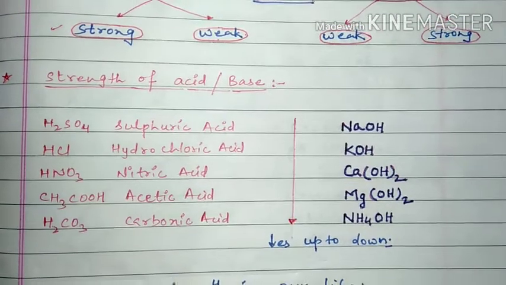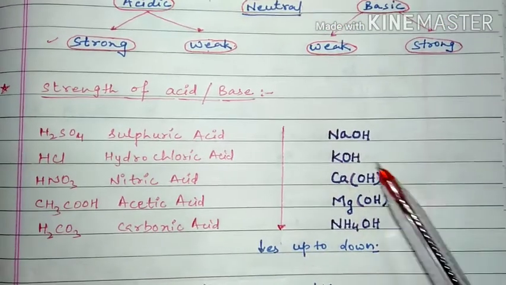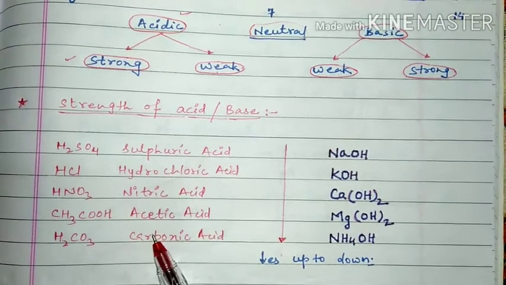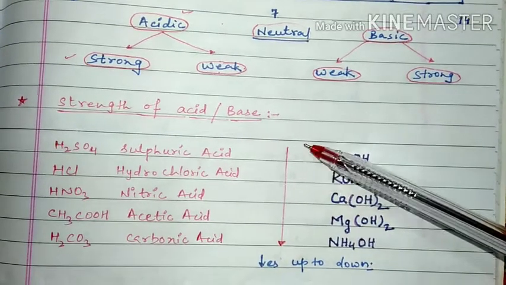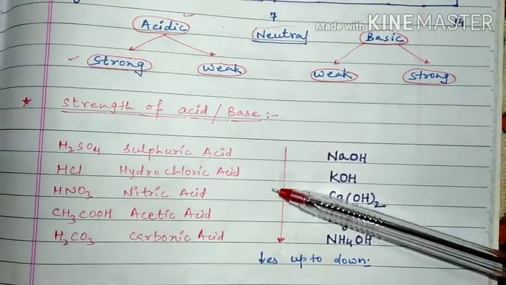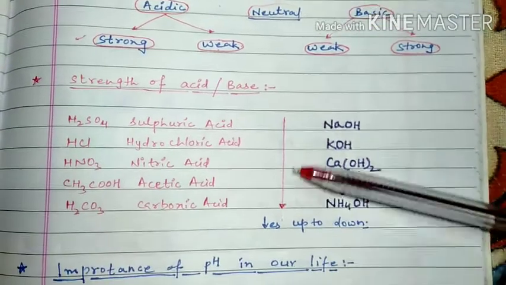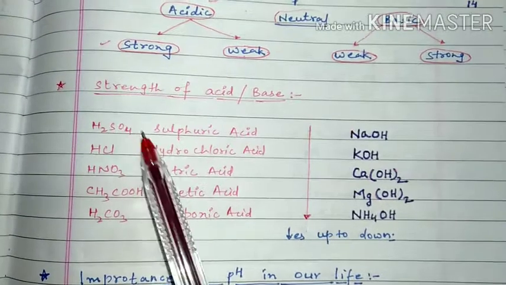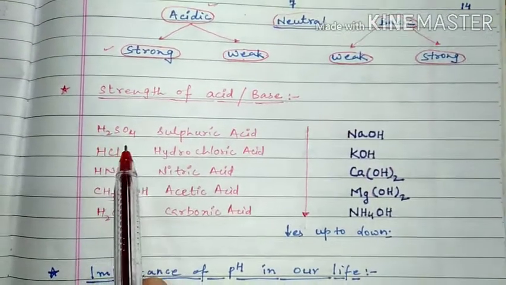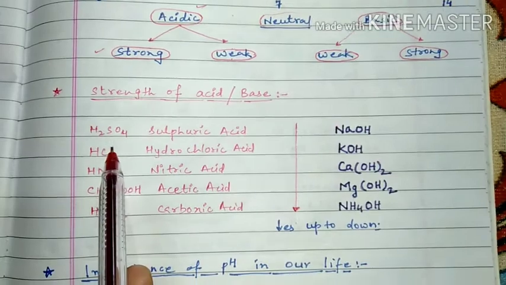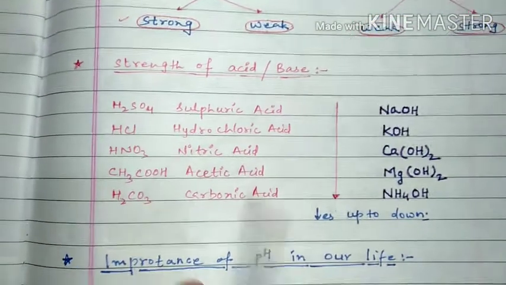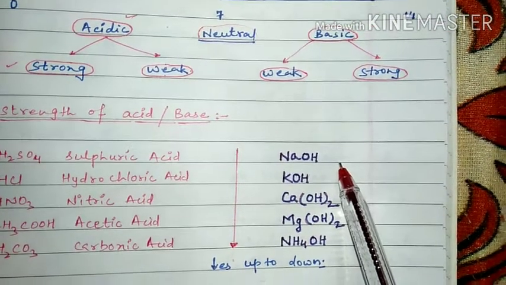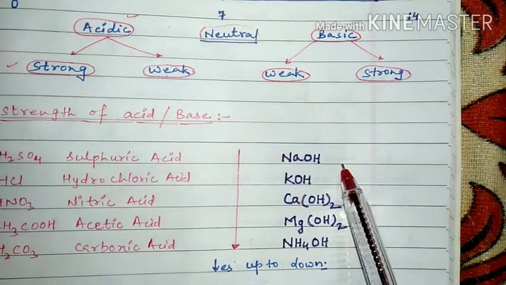Then student, we are going to talk about the strength of pH. I have mentioned here some names of bases as well as acids. According to this table, as we go down the table, the strength of acid and base decreases. So I can say H2SO4 is the strongest acid, while NaOH is the strongest base.